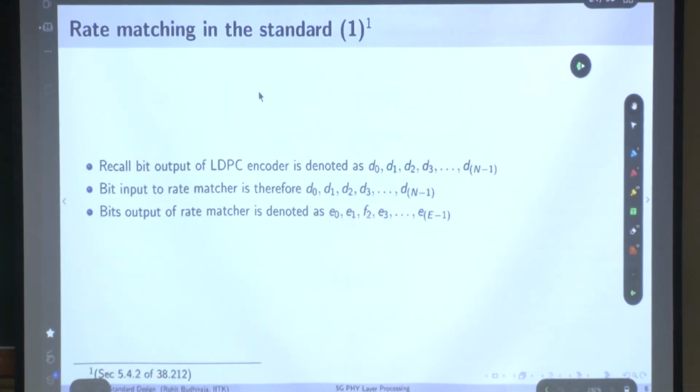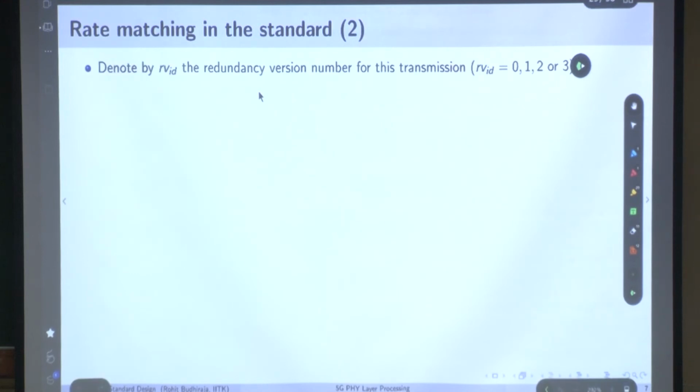So this is the input and output, but I'll take you through how this rate matching module is actually defined in the standard, the instructions given for implementing it. So let's see that. I'm using exactly what is defined in the standard. As I am repeating myself, the idea of this course is to make students read the standard and understand how it is different from reading a book.